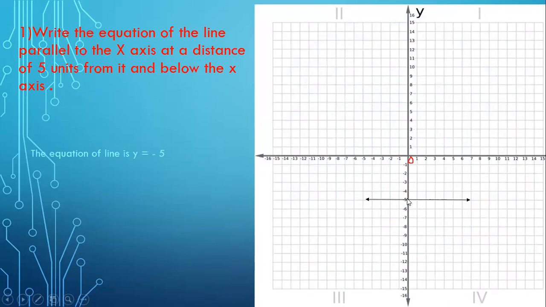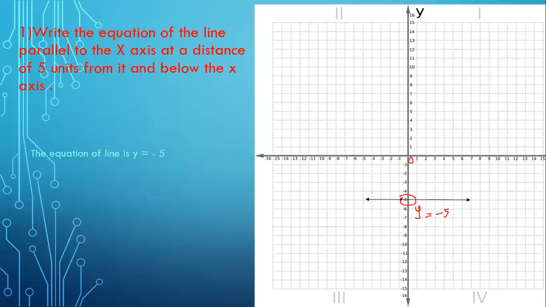Now we need to write the equation of this line. So every y coordinate on this line will be -5. So we can write the equation of this line as y equal to -5. Why am I writing -5?